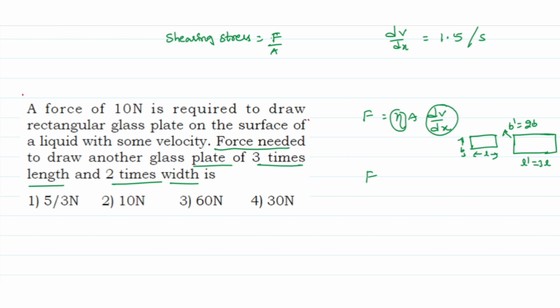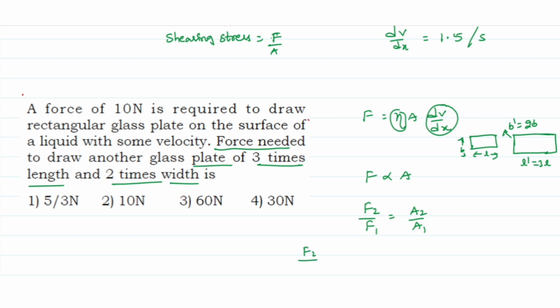So F is directly proportional to the area. We require the second force, and the first force value is already given. So you can take the ratio F2 by F1, which equals A2 by A1.